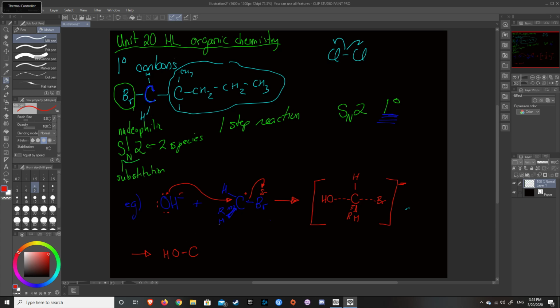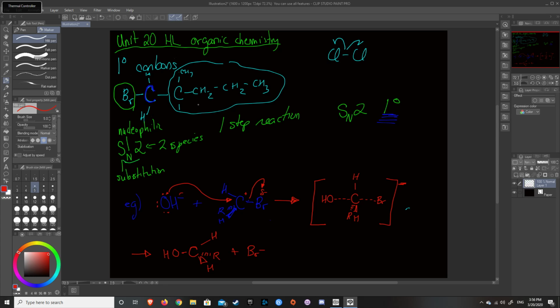And we see that the center has flipped now. We've got an H going to the right, an R going into the screen to the right, and an H coming out. So we've changed the stereocenter. We've inverted it. It's called an inversion. It's a stereocentric inversion, plus Br minus comes out of it.